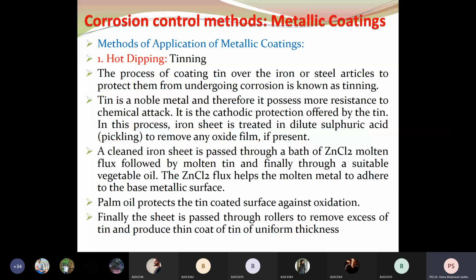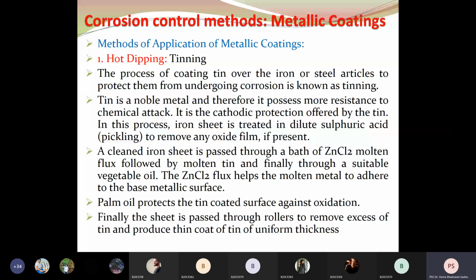That means you coat tin metal on top of an iron surface or steel. Tin is a noble metal and it possesses more resistance to chemical attack. In the previous case, galvanizing, you coat zinc on top of iron. Here in tinning, you coat tin on top of iron or steel.